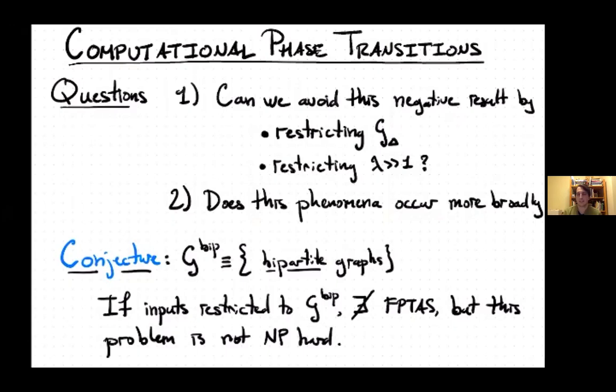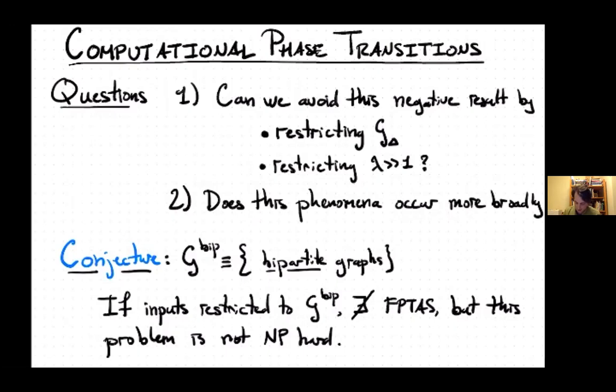This, you might imagine, should make your life easier, because a very dense independent set on a bipartite graph is a simpler thing than on a general graph. If you want to find a maximum independent set on a general graph, you can't do it. It's an NP-hard problem. But on a bipartite graph, there's a polynomial time algorithm to find a maximum independent set.